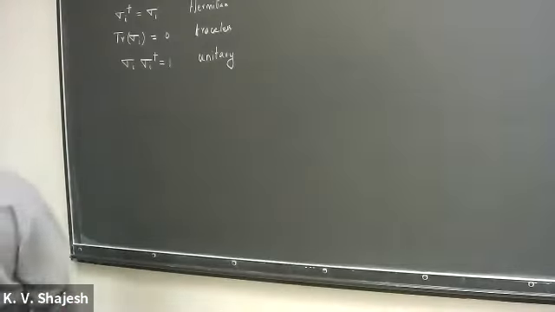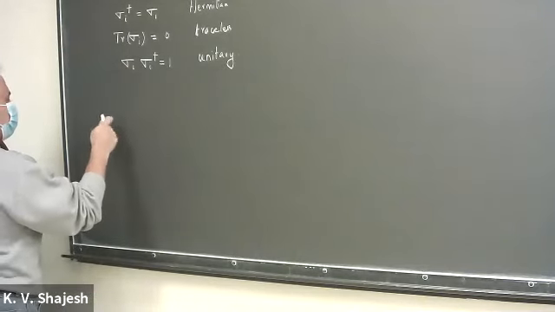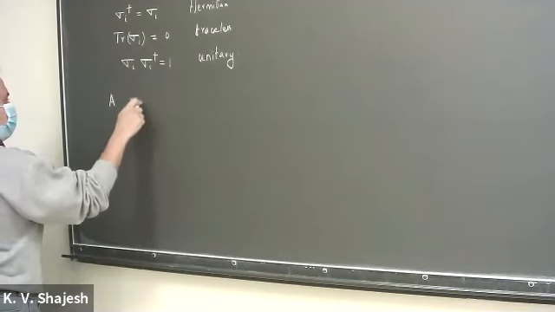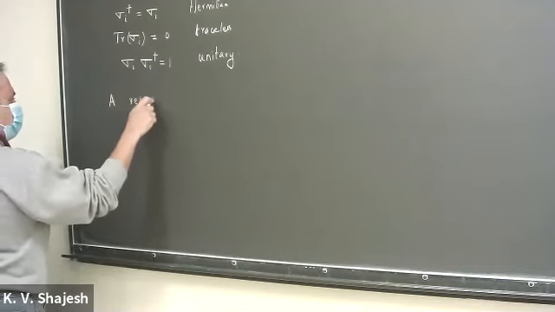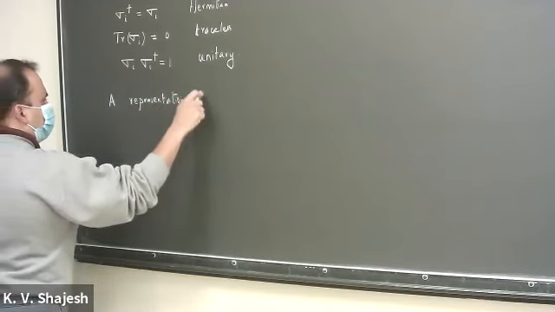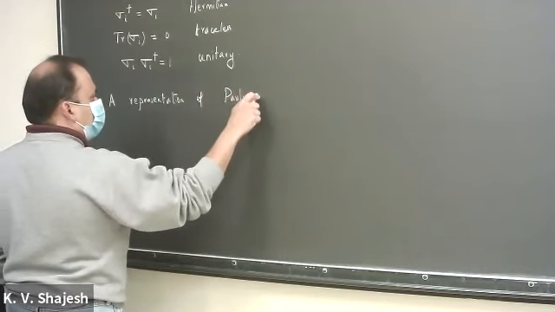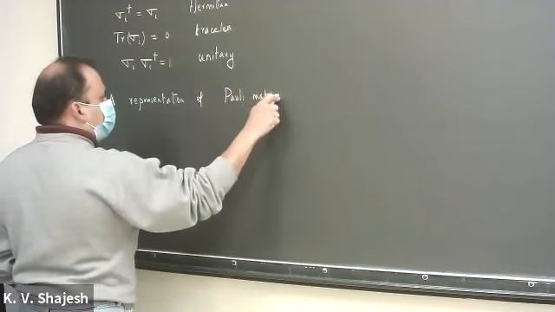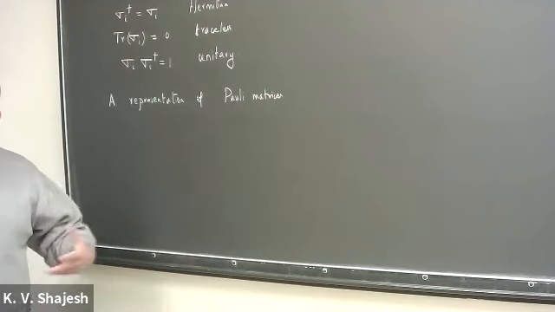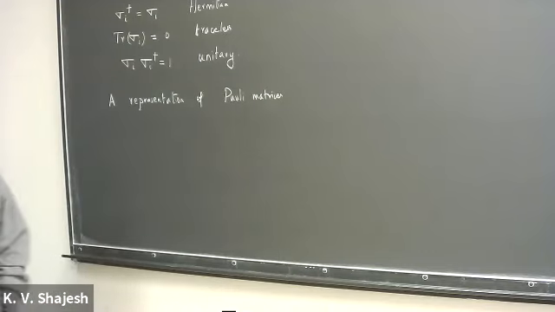So let's find a representation of Pauli matrices. I'll start from one and go into the other, and that should give you an idea that I can do it in many, many ways, infinite ways actually.